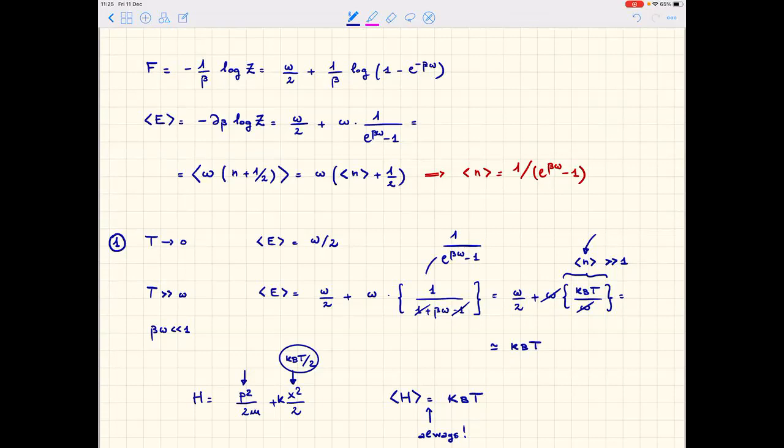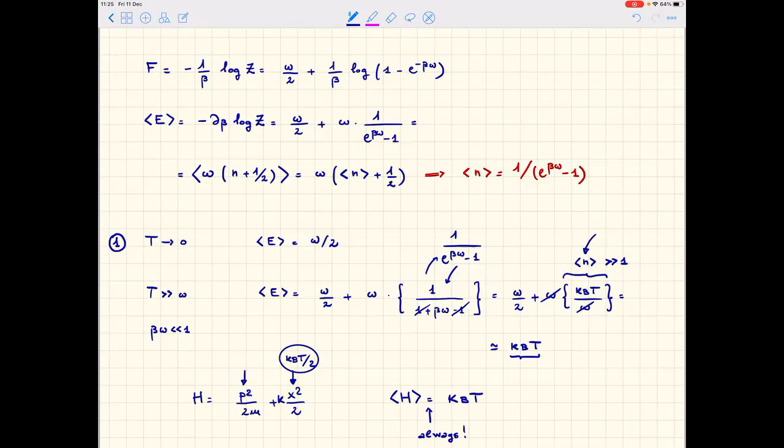Therefore, I can expand the exponential and I get this. And then if you simplify, you get that the average n is equal to k_B T over omega, and then you simplify everything and you get a k_B T, right? But this is true only in the limit in which temperature is much, much larger than omega. Only in this limit it's correct.